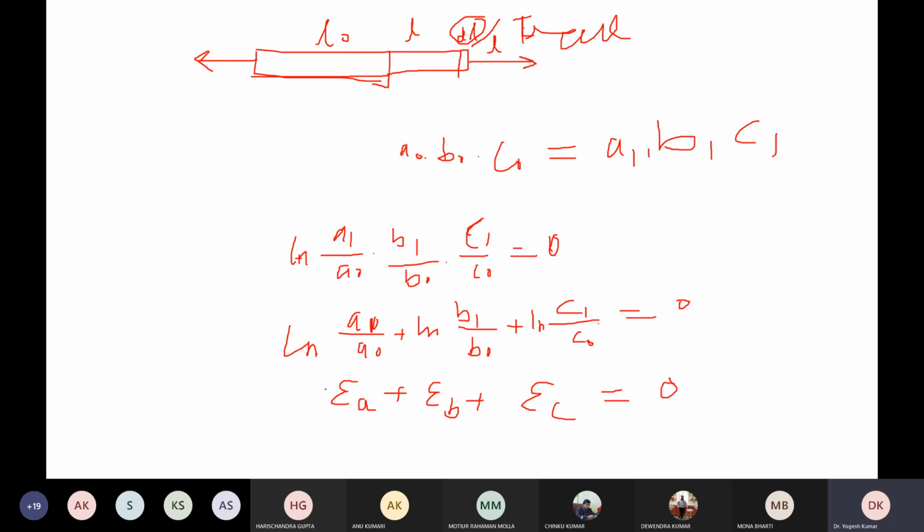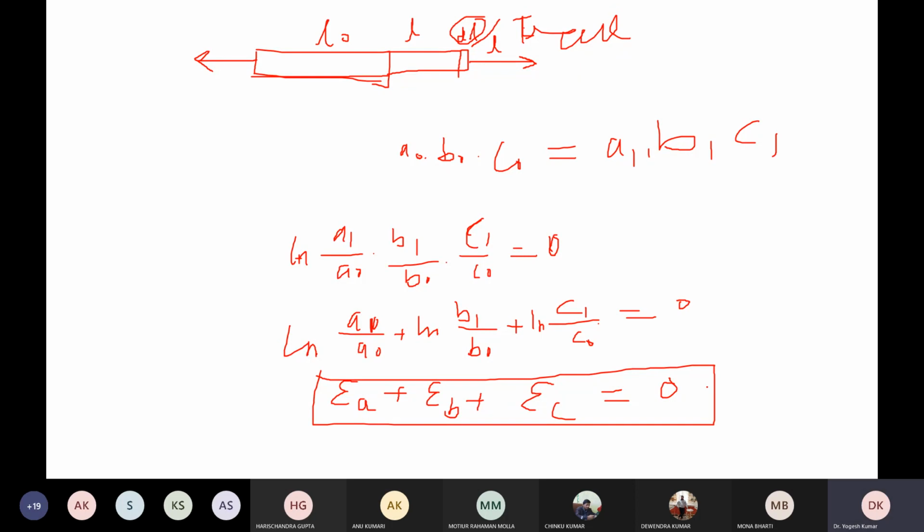Okay. So from the volume constancy, we get a very important relationship, that is, the sum of true strain in all three directions is equal to 0.